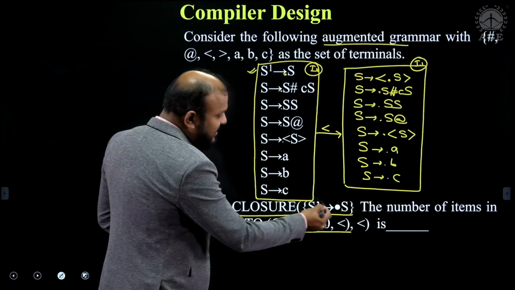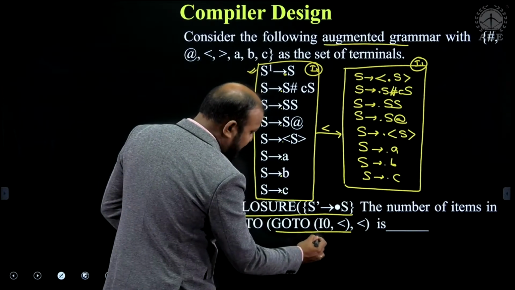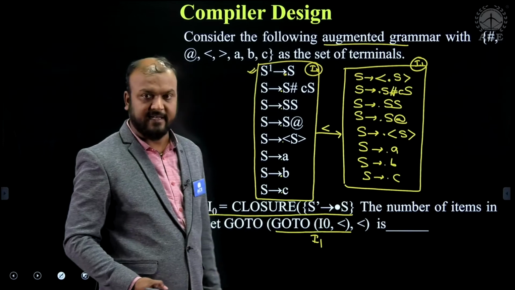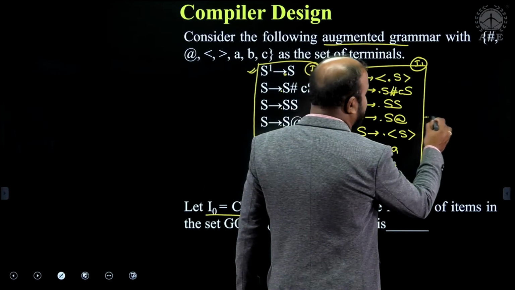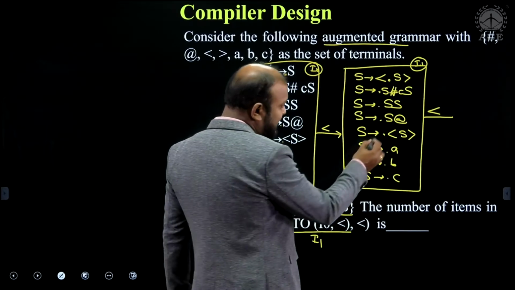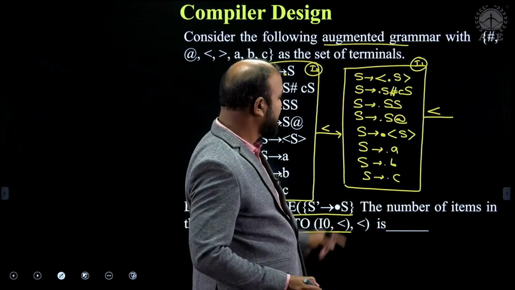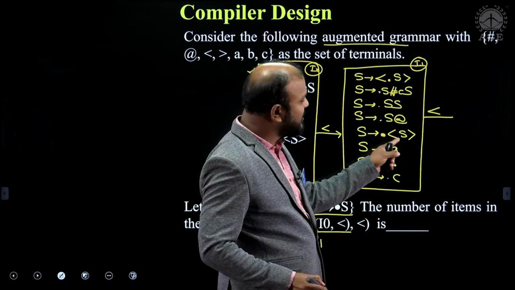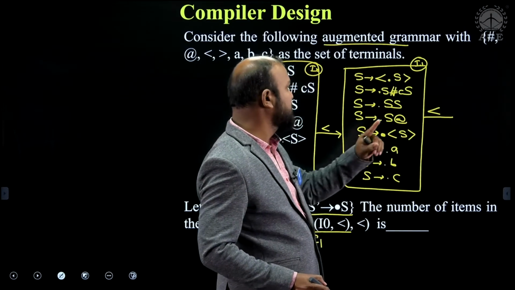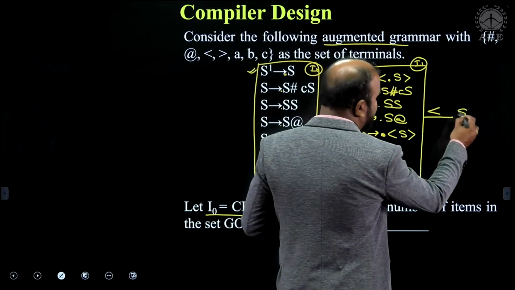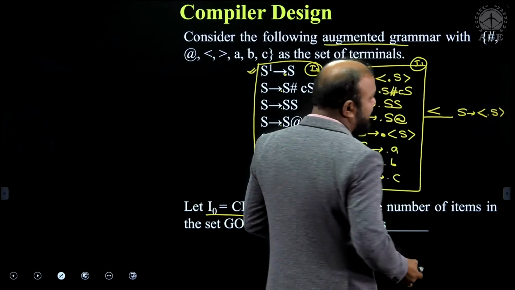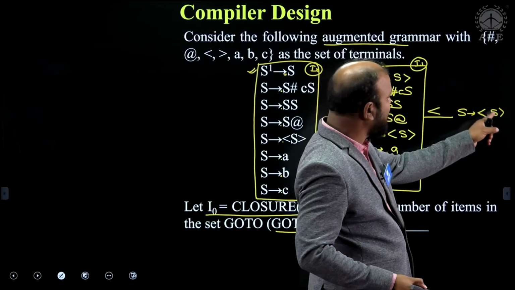Now, goto of I0 comma < leads to state I1. Now, we need to find goto of I1 comma < again. So, it means we need to find a transition from I1 with respect to input <. With input <, this is the only one item possible, that is S tends to < dot S >. Dot S means again you need to write all S productions.